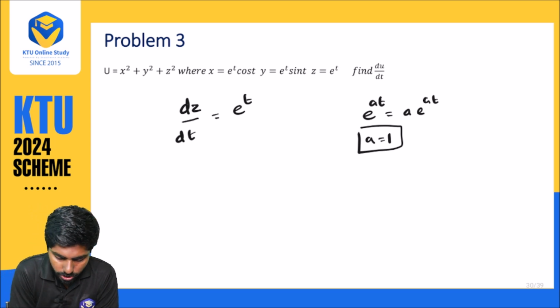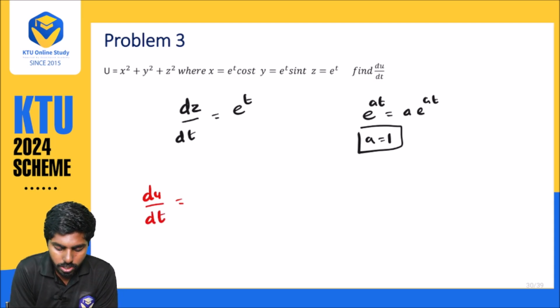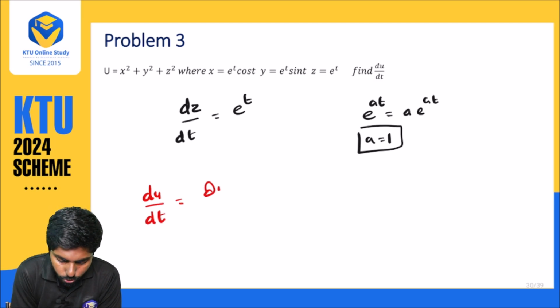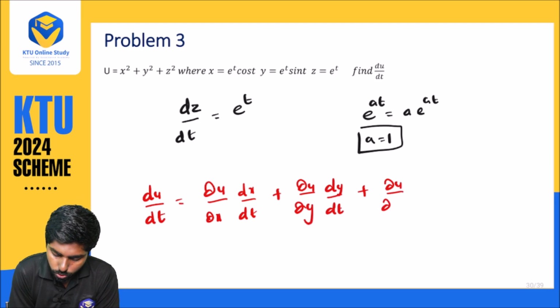When we are substituting, what is the formula for du by dt? That is nothing but dou u by dou x dx by dt plus dou u by dou y dy by dt plus dou u by dou z dz by dt.